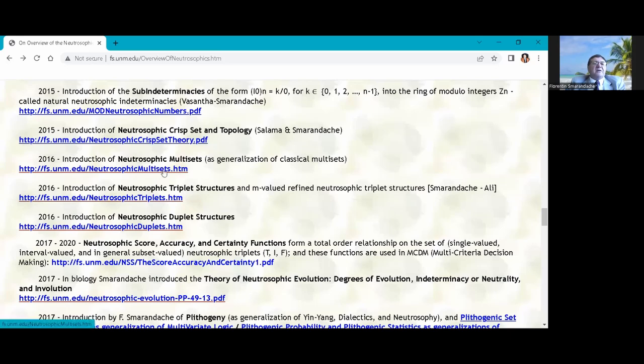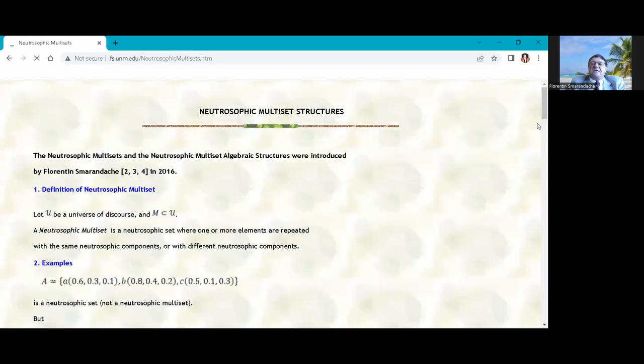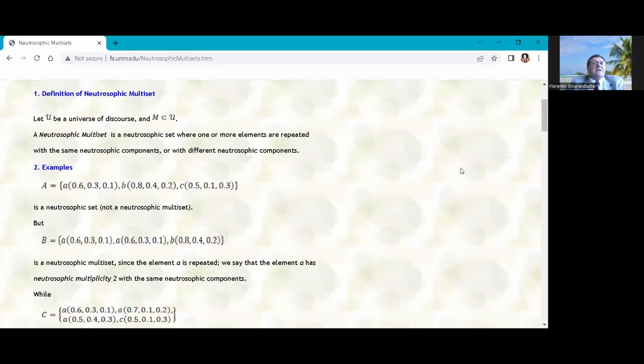Then further on, the Neutrosophic multisets were developed. So a Neutrosophic multiset is a Neutrosophic set where one or more elements are repeated with the same Neutrosophic components or with different Neutrosophic components. So this is a generalization of the classical multiset and also the fuzzy multiset.